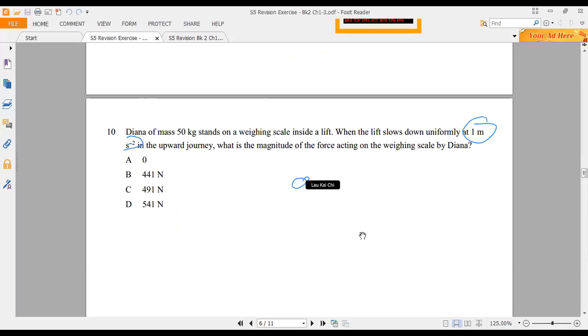So let's say this is Diana. Okay, so there's a weight. And surely when she's standing in the lift, apart from the weight, there would also be a normal force acting on her. So only two forces, right?